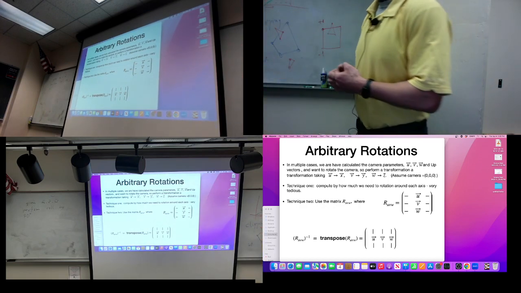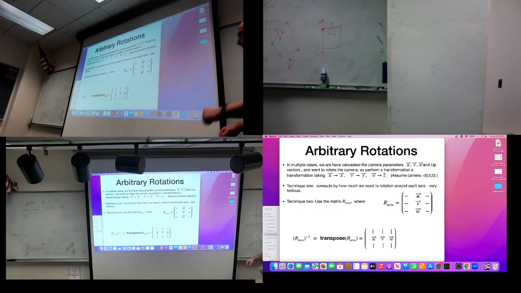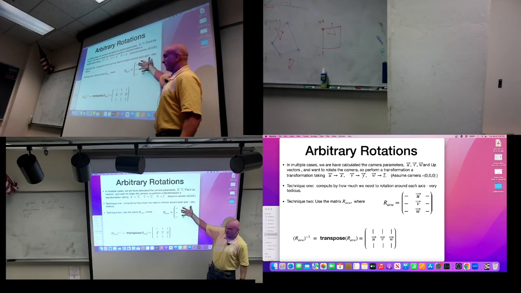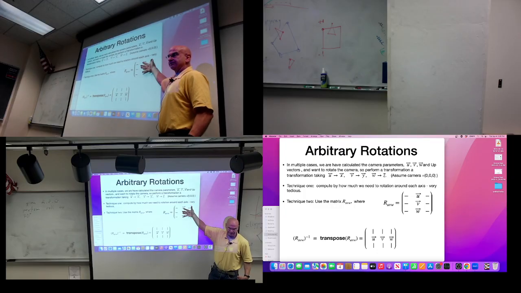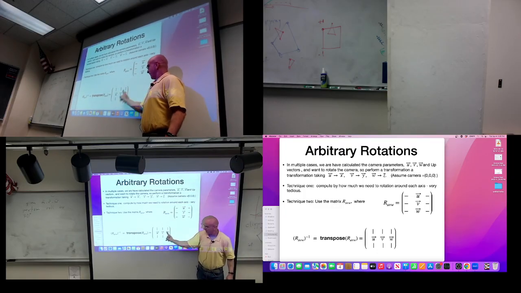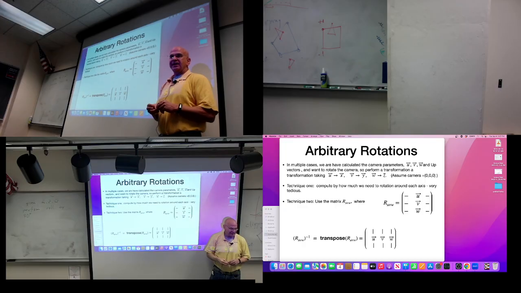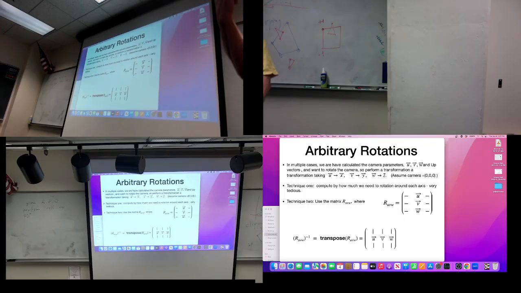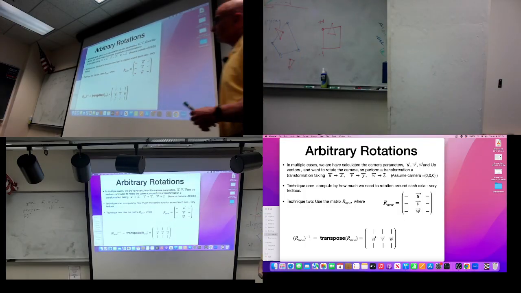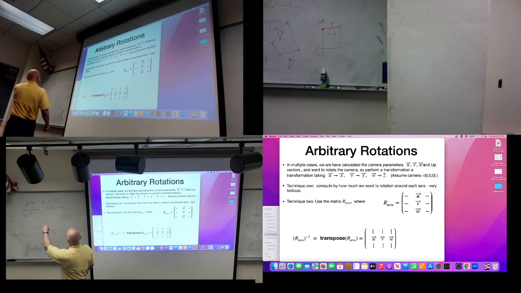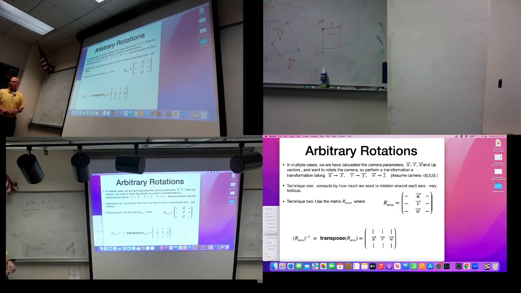What would be the inverse? R minus 1: take this matrix and switch rows with columns. Right, U, V, W, but now as columns. That's the inverse of this matrix. Now, help. Given arbitrary U, V, W, which matrix, and I don't need the answer as exact coordinates, give me a product of these matrices so that I'll perform rotation.